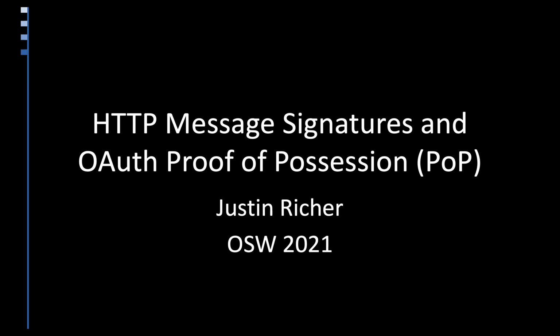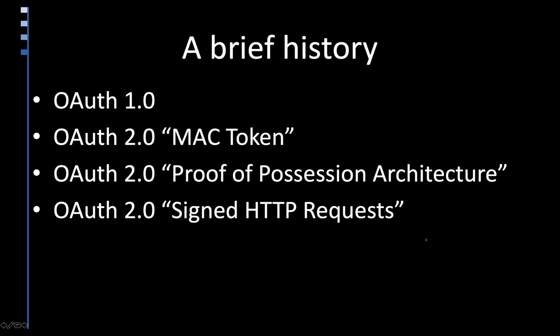All right, so first off, a little bit of history. This whole idea of signing a request that has an access token in it and proving possession of an access token is not new at all. In OAuth 1, it was built into the protocol, but it was built in a weird way.